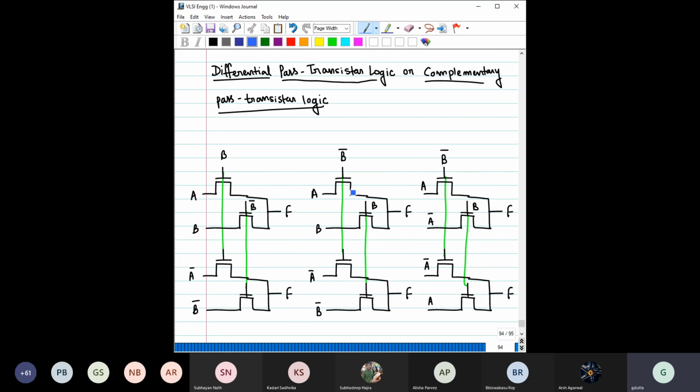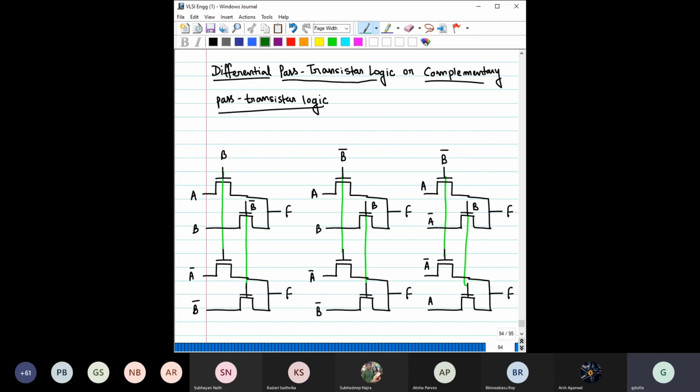That is differential pass transistor logic or complementary pass transistor logic. These are not very different compared to what we have studied, but it basically says that you make circuits where, suppose you are making AND, you will get NAND simultaneously.